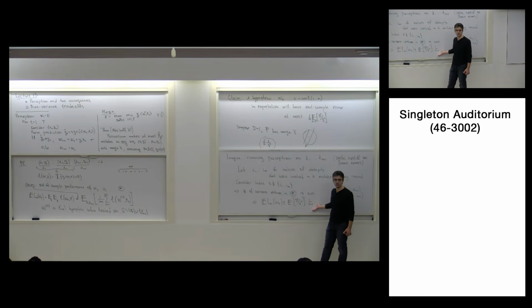This is pretty much as good as you can hope this to be, right? 1 over n. With more data points, you get less and less probability of error.